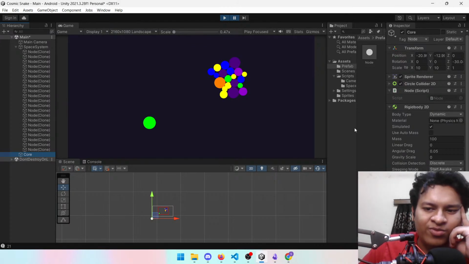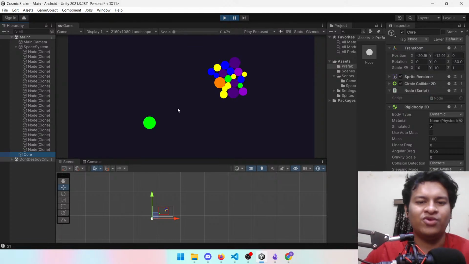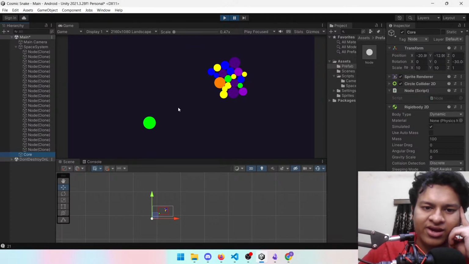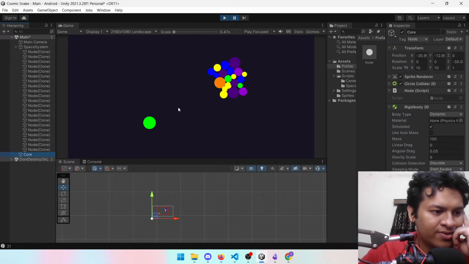The rotation will probably happen automatically, because they're right now perfect circles, and there is no point in giving them rotation because you won't even be able to see that, right? But if they are more complex, they should have rotation. They should revolve around and attract.